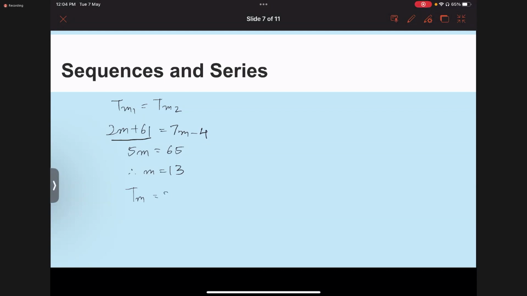So this is going to be 2 multiplied by 13 plus 51. So this will be 26 plus 51, which is 77. Okay, so this is what we get. If you are also asked to find the term, that is what we are trying to solve for.